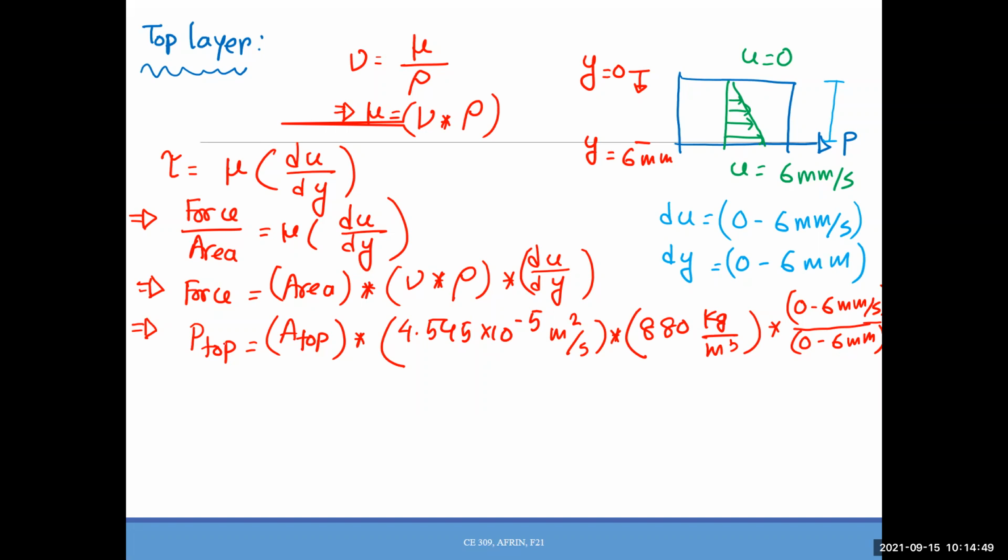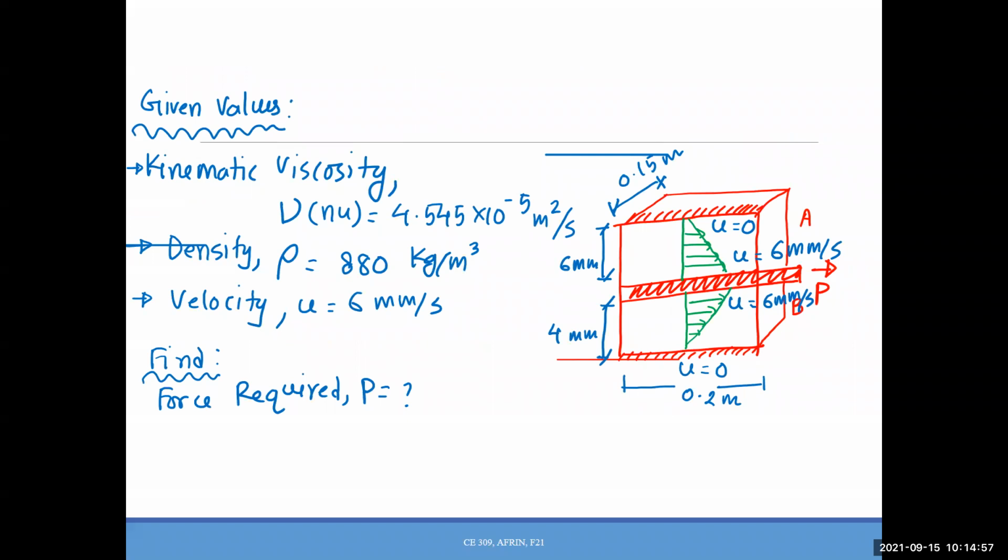Okay? So now tell me, what will be the area? I'm going back to the previous slide just to show you. Tell me which area is affected if you pull that plate. What is the area which is getting affected?